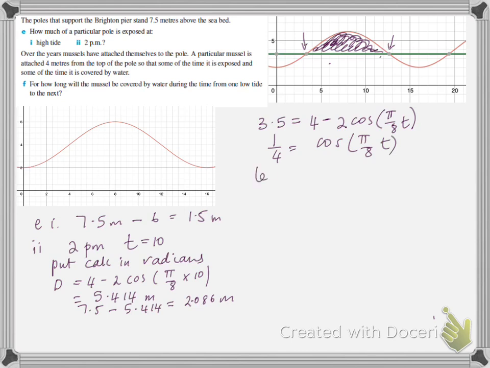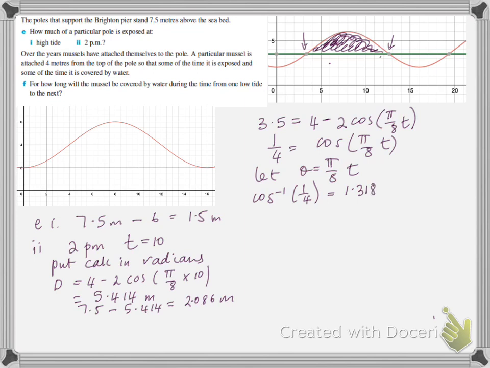And again, I'm going to let theta equal pi on 8t. Now, when you don't know this exact value, a quarter, that's when you're going to use your calculator. So you do the inverse cos of a quarter, and it's going to return a value in radians. The value you get in radians is going to be 1.318, and it's a positive value.